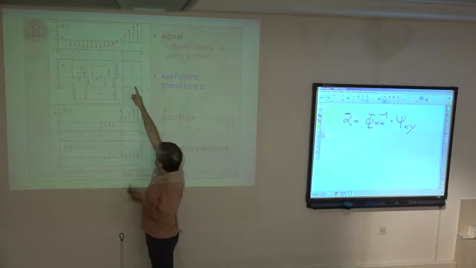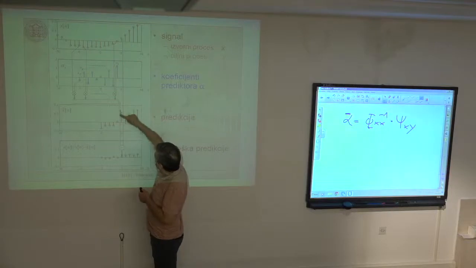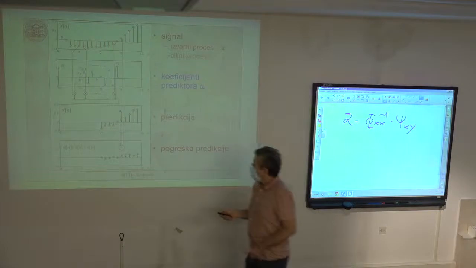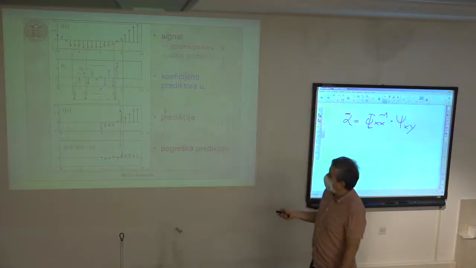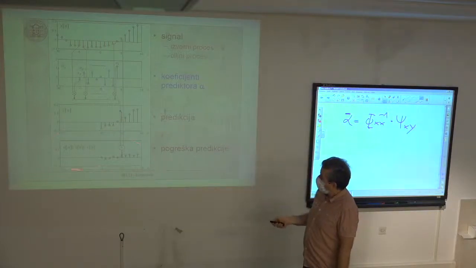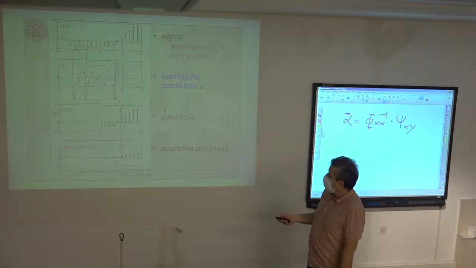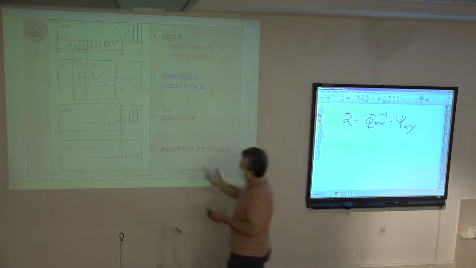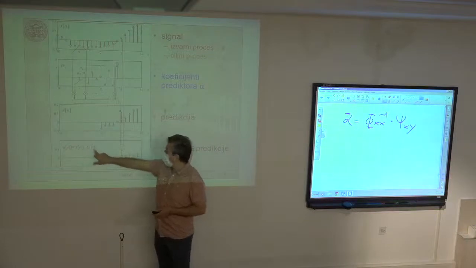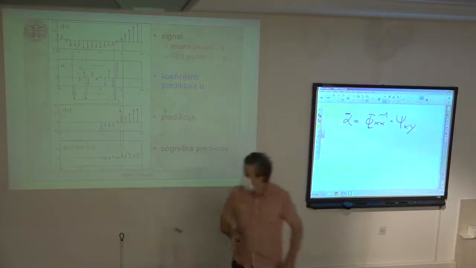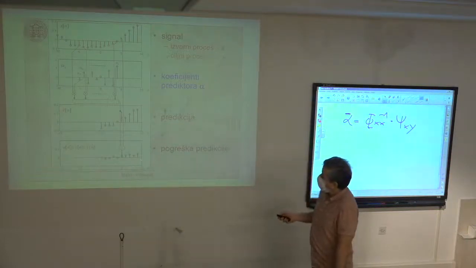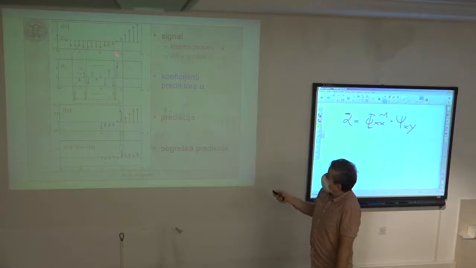It is the difference between the actual value, x of 5, minus the predicted value, x tilde of 5. And the last plot then shows the prediction error. So e of n is the difference between the target value, x of n, and the predicted target, x tilde of n. And what I see is that this prediction error is of much smaller variance than the signal itself.